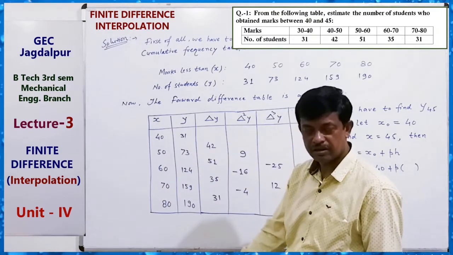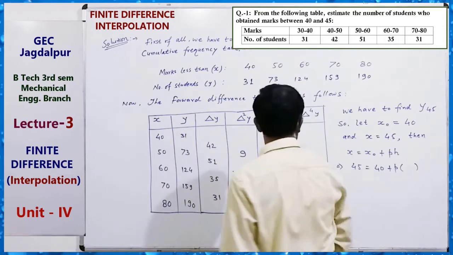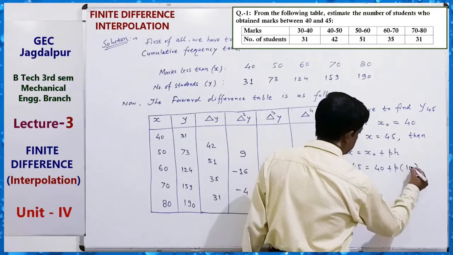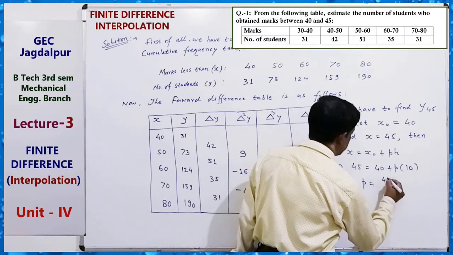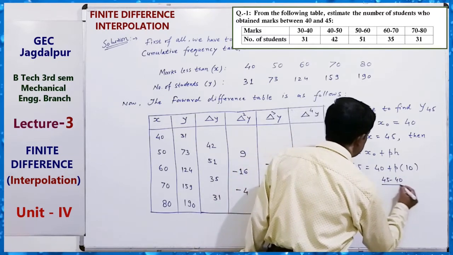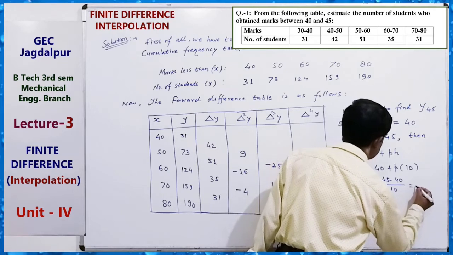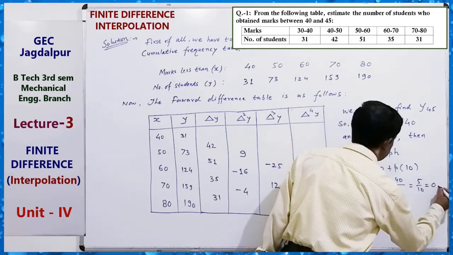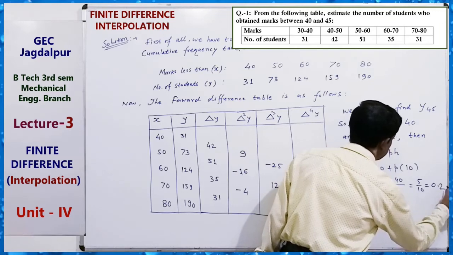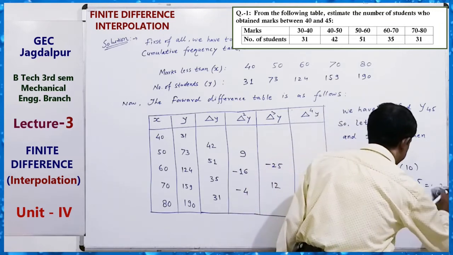They are equal interval, so difference is 10. So h equals 10. So from here we can find p equals 45 minus 40 upon 10, that is 5 by 10 equals 0.5, 1 by 2.